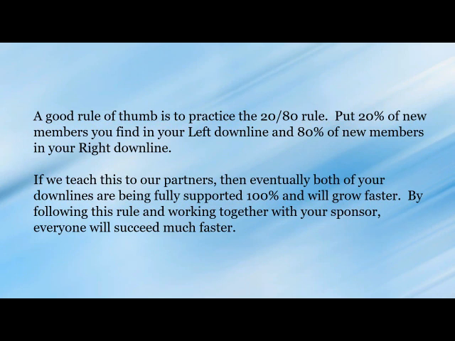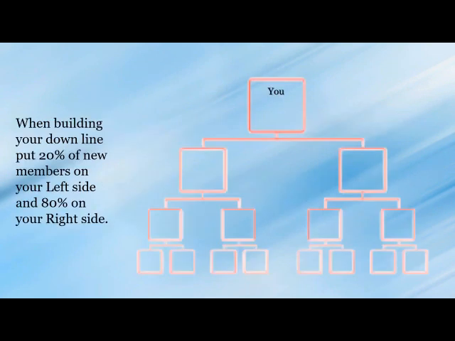So if we teach this to our partners, then eventually both of your downlines will be fully supported 100% and will grow faster. And by following this rule and working together with your sponsors, everyone will succeed much faster. So here's the example. There's you at the top.